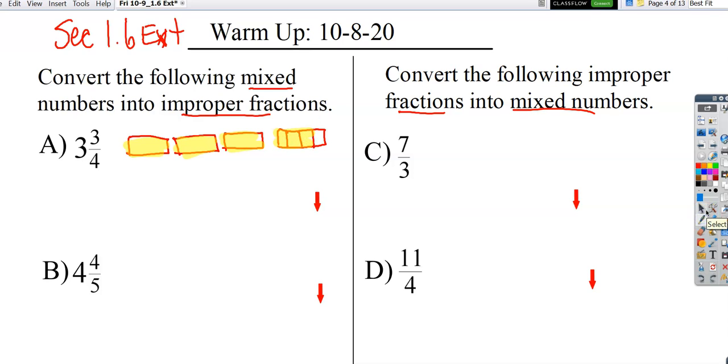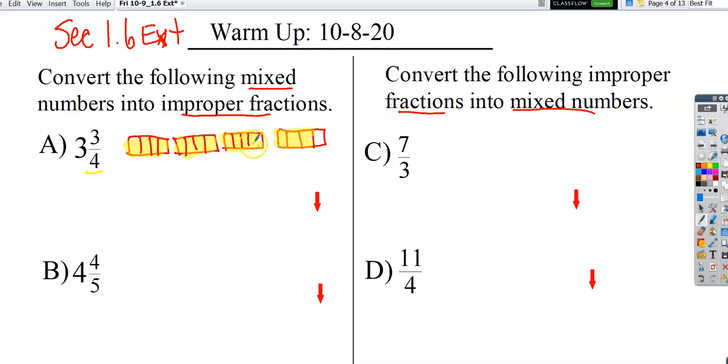To change this number into an improper fraction, I'm looking at the size of the pieces in the fraction part, and they're fourths. That means I need to convert everything else into fourths. Every single whole bar would need to be cut into fourths.